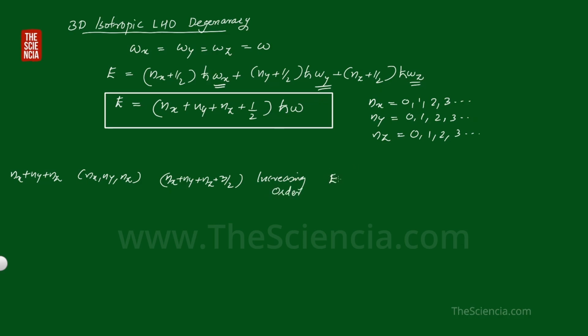Then energy E, that is nx plus ny plus nz plus 3 by 2 h cross omega, then the corresponding wave function and the degeneracy.